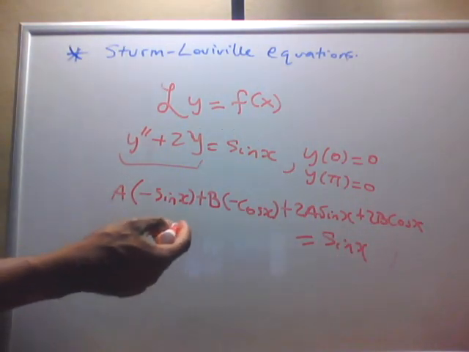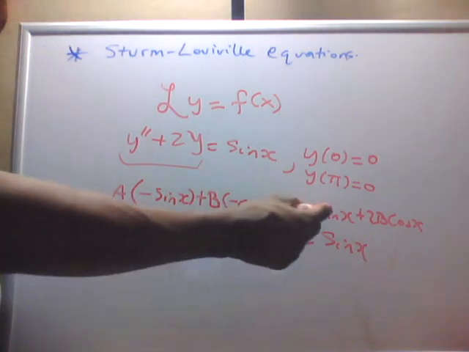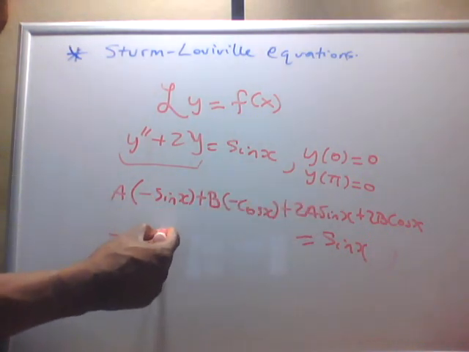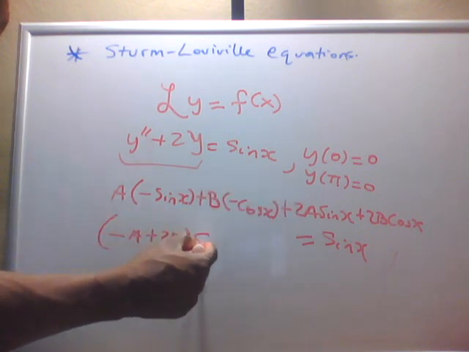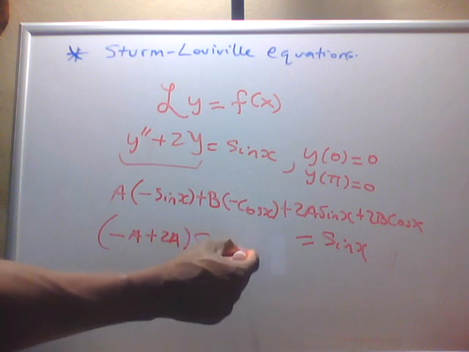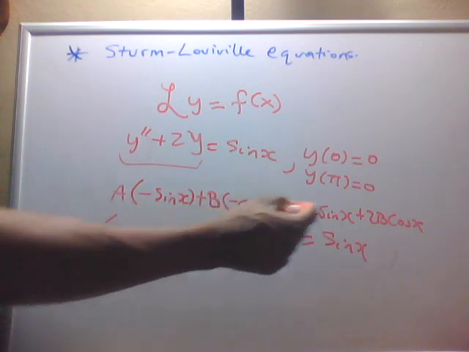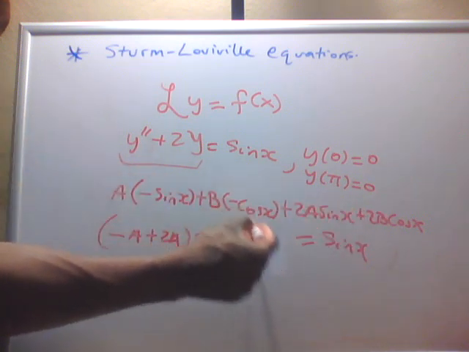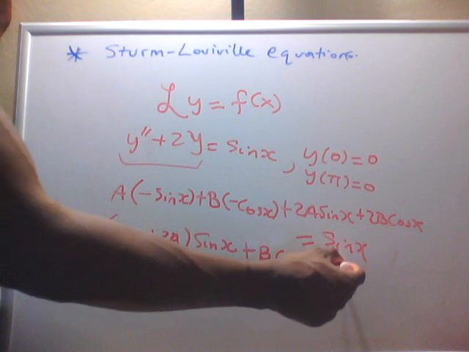Okay, so for this to work, minus a sine x plus 2a sine x, plus 2b minus b, which is b, cosine x has to equal sine x.